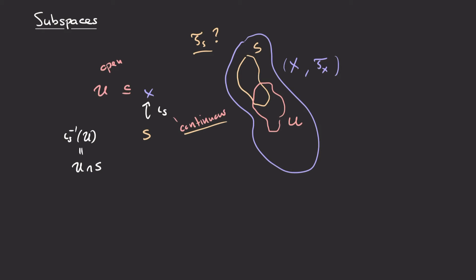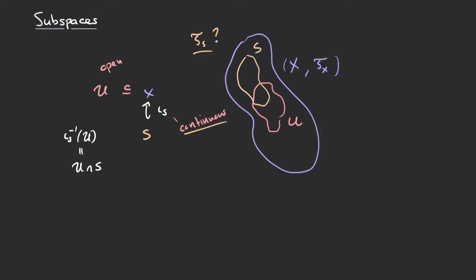The pre-image of U under iota S, this is just all the points small s in S such that the inclusion of this point s is within U. But because the inclusion of this point small s is just, well, it's just s in X, this means that we have the pre-image being all the points small s in S such that s lies in U, and this is the same thing as the intersection of U with S.